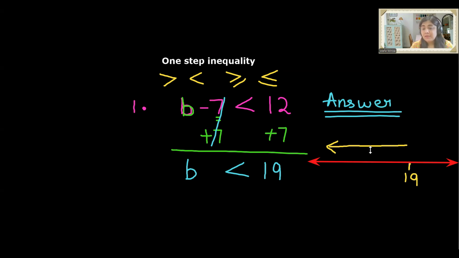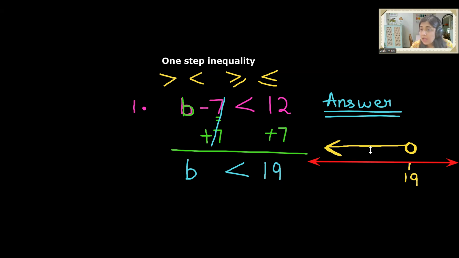If in the answer 19 is not included, you will put an open circle here. Open circle means this value is not included in all the values of b, right? So this arrow is going up to negative infinity.